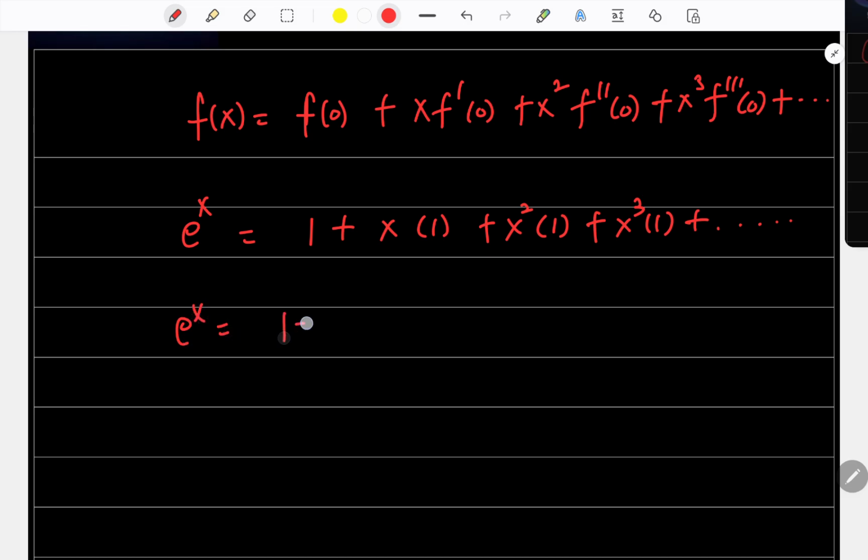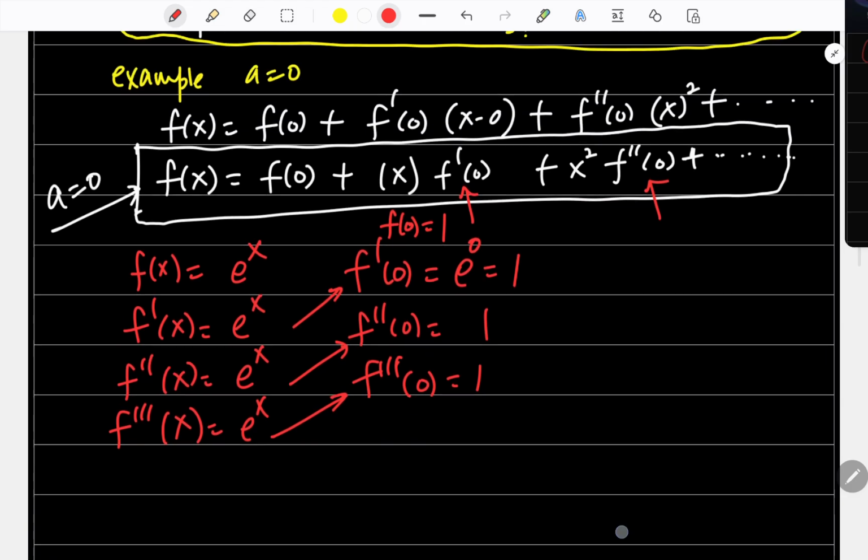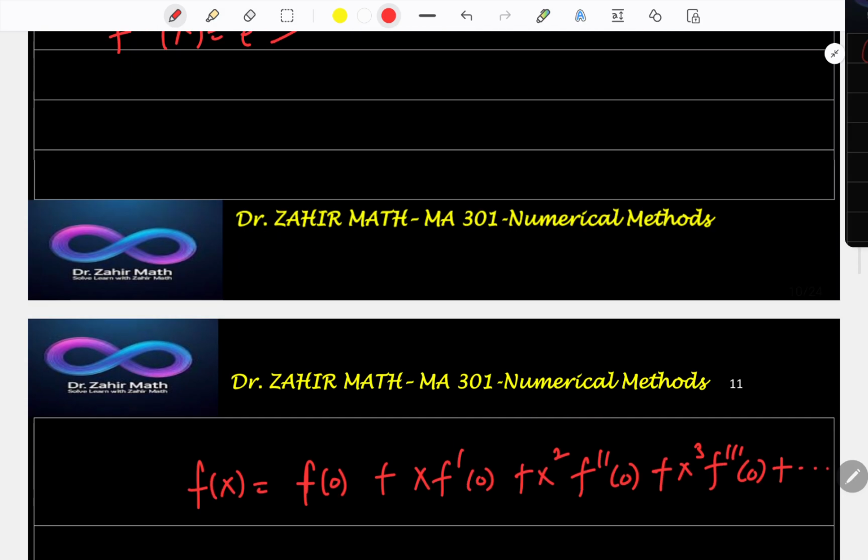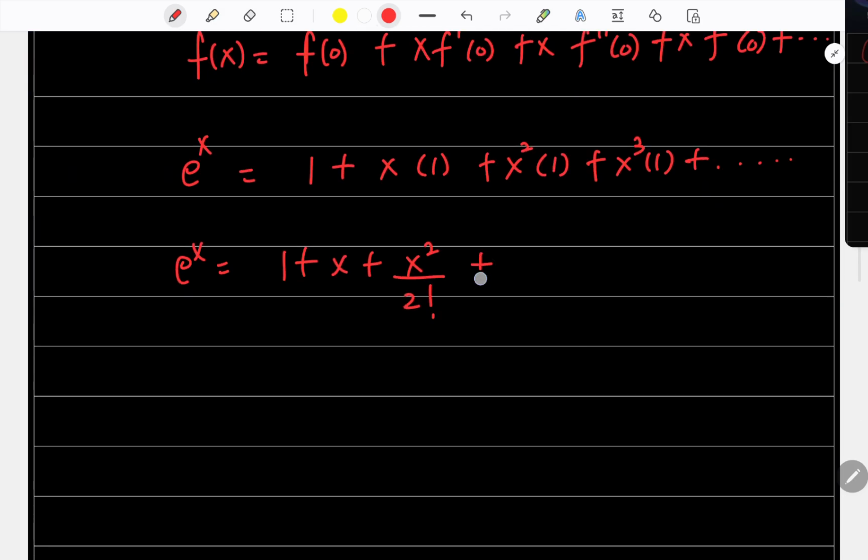So e power x equals 1 plus x square divided by factorial 2, oh, I missed factorial, sorry. Plus x cube divided by factorial 3.